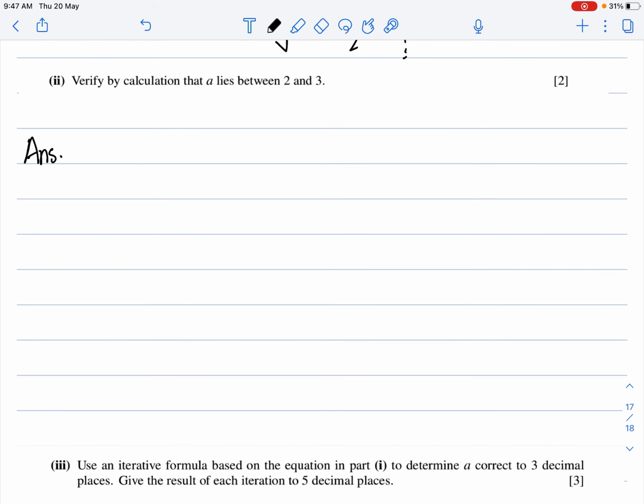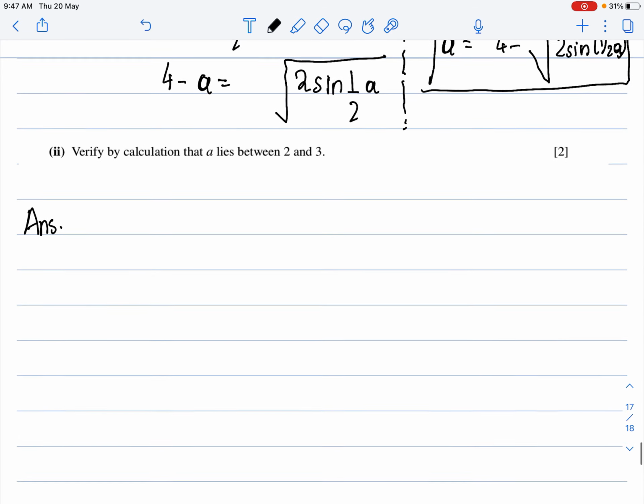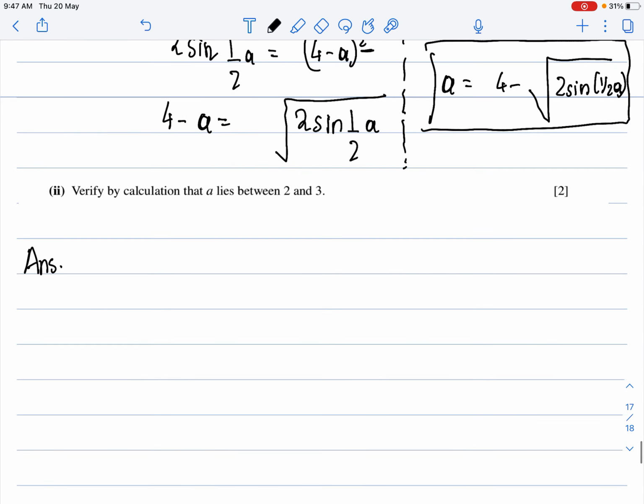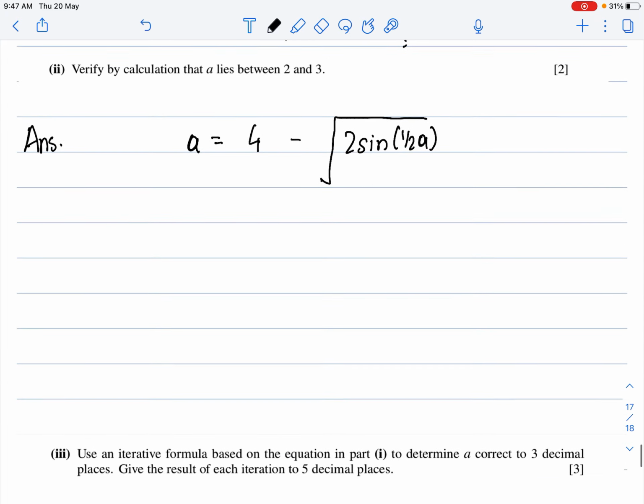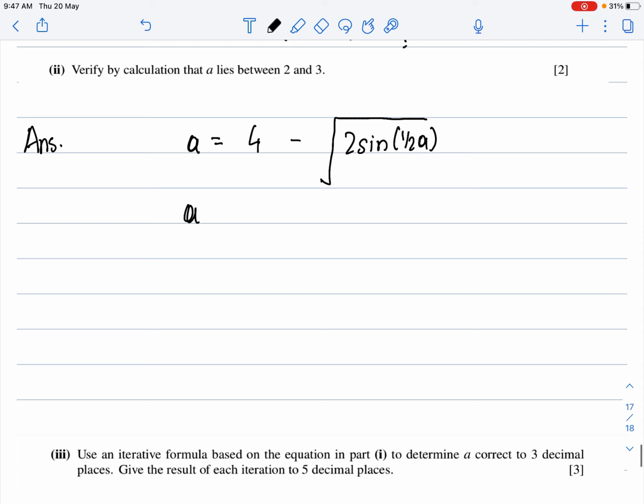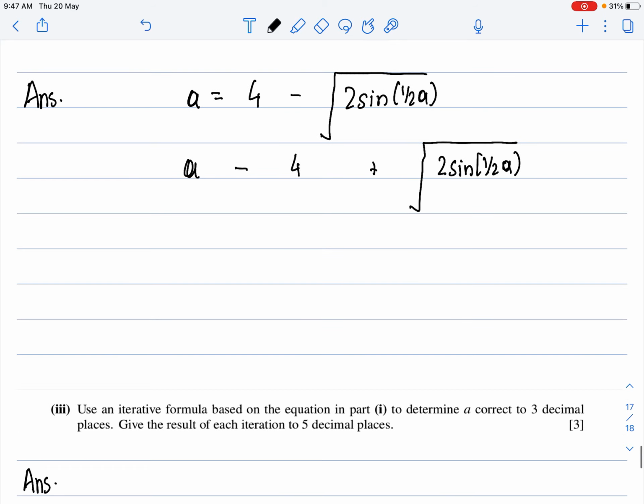Verify by calculation that a lies between 2 and 3. So my equation has a equals 4 minus the root of 2 sine half a. The first step to solve a question like this is to write this as a minus 4 plus root 2 sine half a, which is equal to 0, but we don't need to write it.